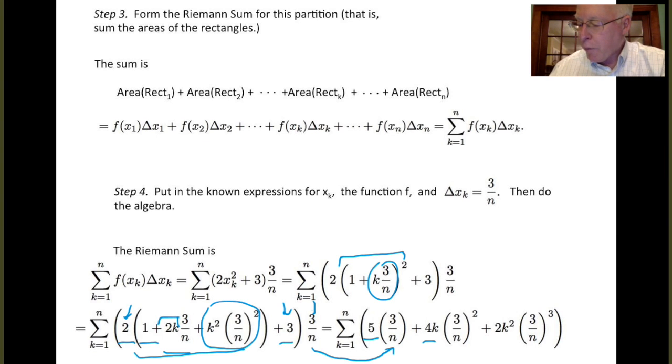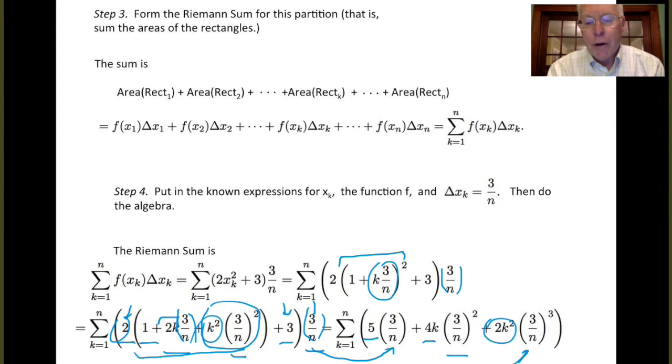I have a 3 over n here, and that's multiplied by this 3 over n outside, and that's where the 3 over n squared comes from. And then finally, the last term, I have the twice k squared. That comes there, and 3 over n squared times another 3 over n gives us the 3 over n cubed.